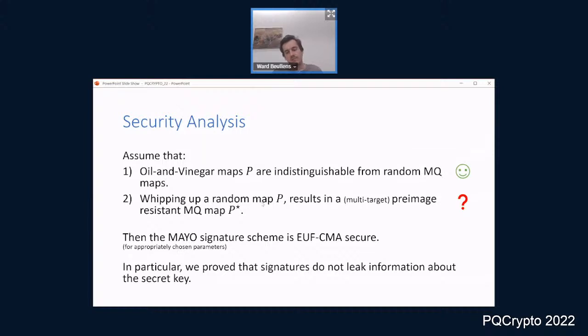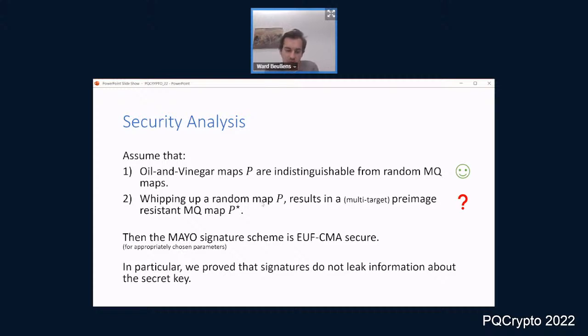This is a bit special because you cannot do this for the normal oil and vinegar signature, and the reason is that sometimes you try to solve for a solution, but your system of linear equations doesn't have a solution, and you have to sample again, try again with a different V. And by this resampling, you can introduce some bias to the distribution of the signatures that you're giving out. We cannot argue that this information theoretically at least leaks some information about the signature, about the secret key.